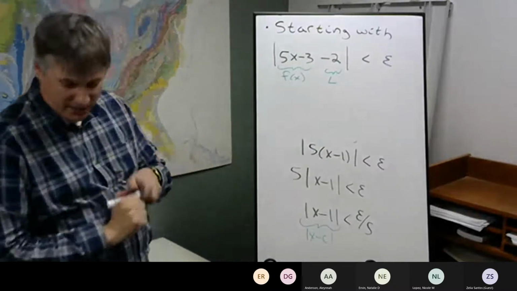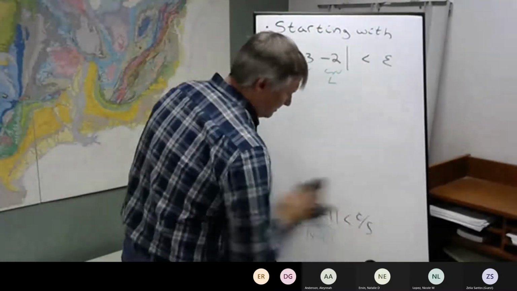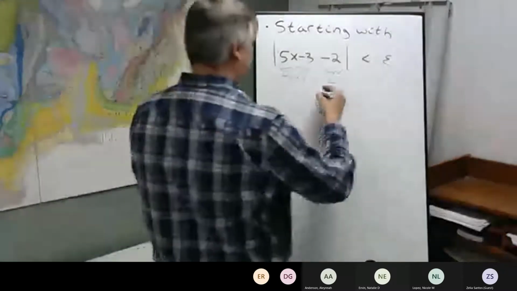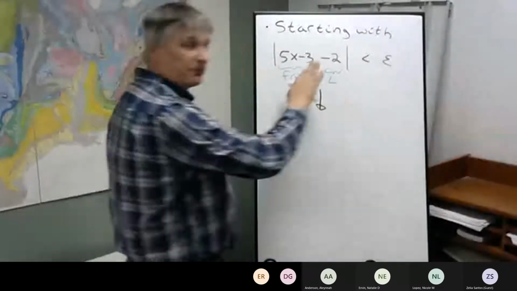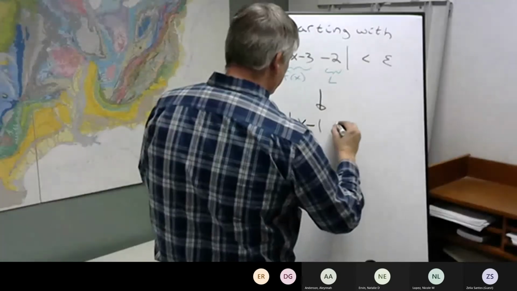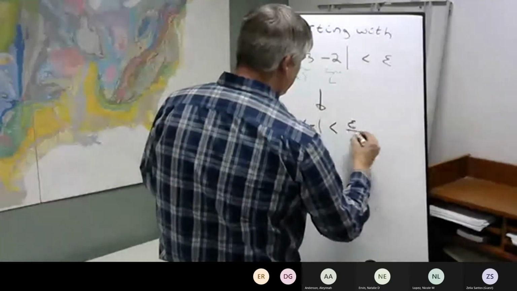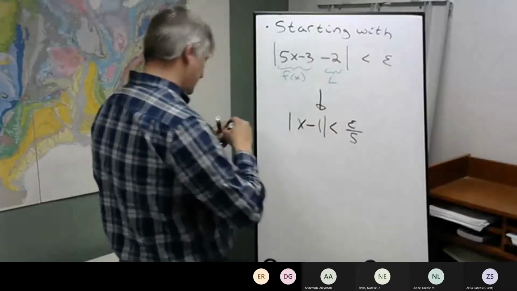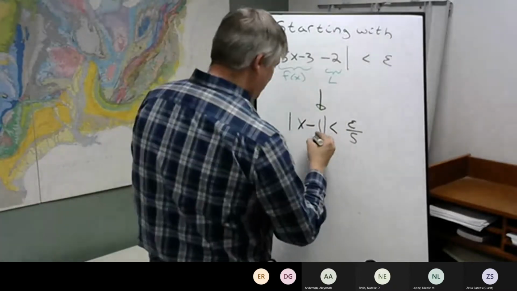So we have f of x and L. And now what we have from this, we get |x minus 1| less than epsilon over 5. So this is c.